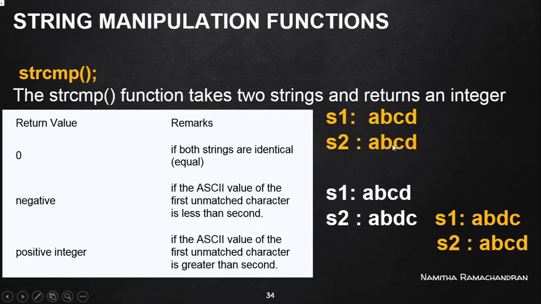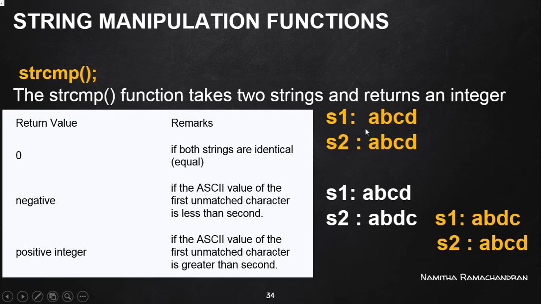At each position it returns the same 0 value, because all the characters at corresponding positions are equal, and whenever it encounters a \0, the end of the string is encountered. In both strings it encountered the \0 character at the same position. That means these two strings are equal, so it returns the value 0.